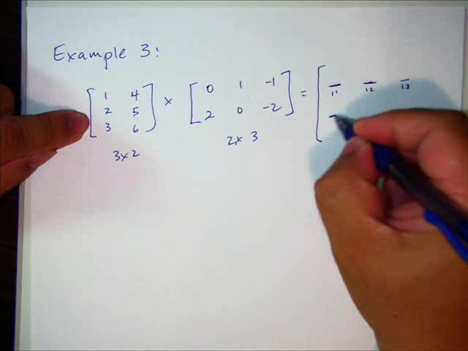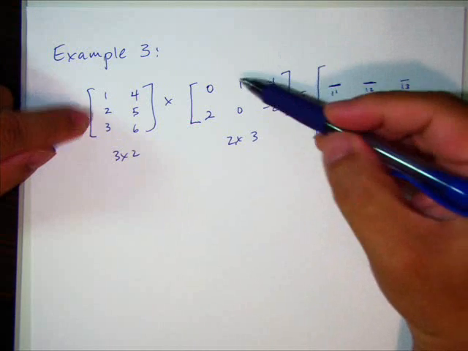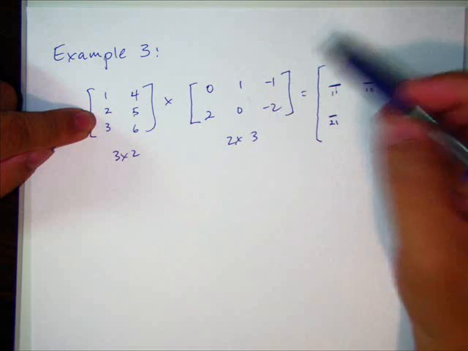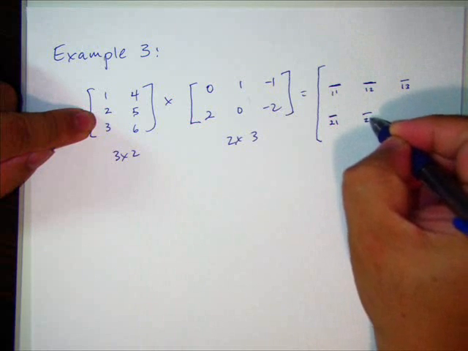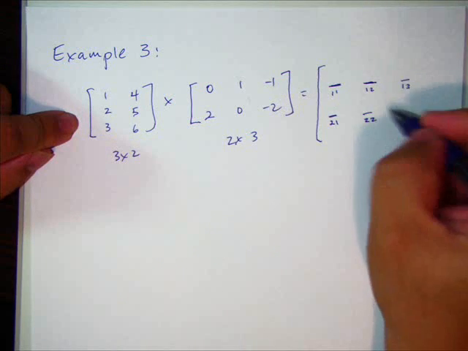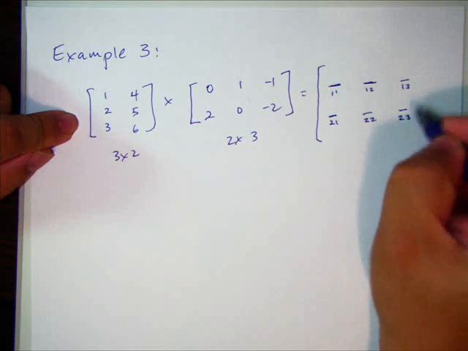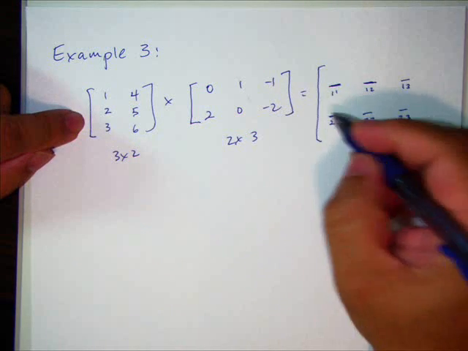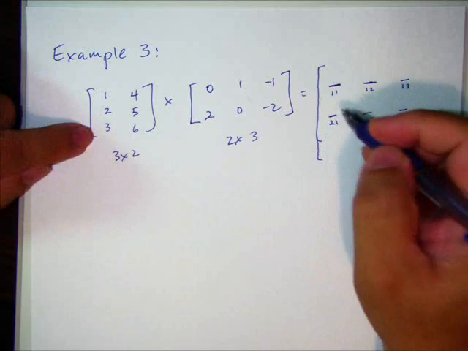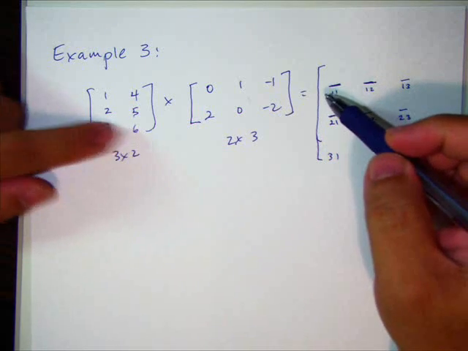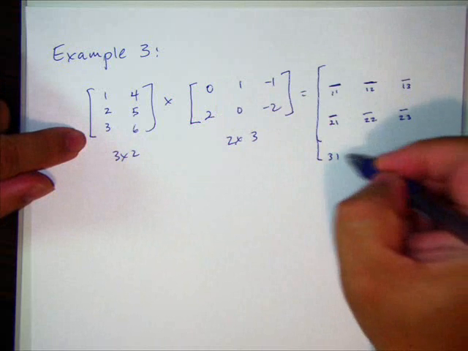Element 2, 1 is going to be second row times first column. Element 2, 2, second row, second column. Element 2, 3 would be second row, third column. Element 3, 1, third row, first column.